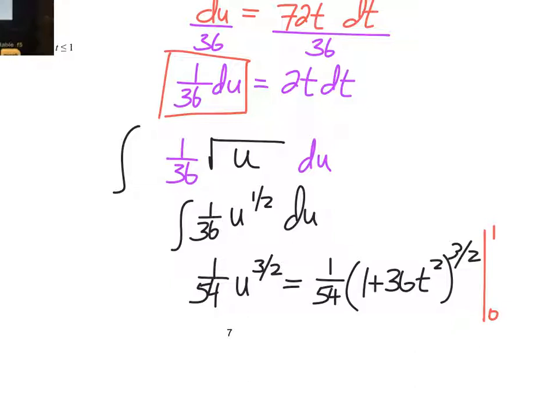So if I put the 1, let's see, the 1 makes it clean. Yeah, so 1 over 54 times 2 to the 3/2 minus 1 over 54 times 1 to the 3/2, so just that. I don't think it would clean up any more than that without the decimal point.